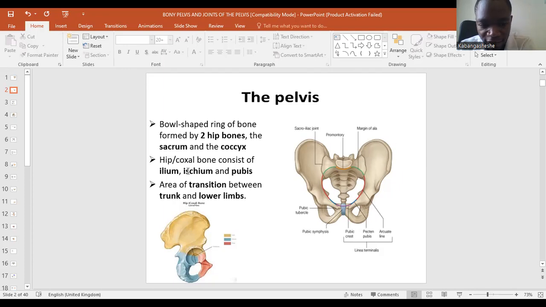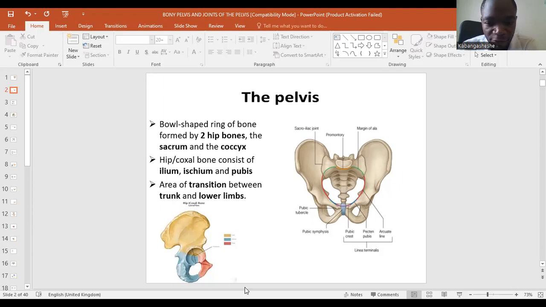Pubic tubercles are these small lumps there, left and right. Then the superior surface of the pubic bone is what we call the pubic crest. So all this surface here is the pubic crest.